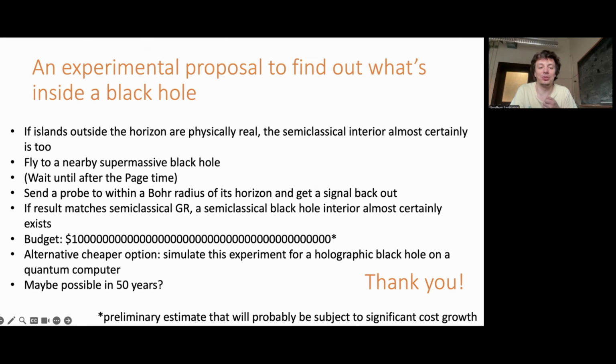So if you tried to do some experiment like this and you saw nothing came back out, then either your experiment broke, or probably there's just some end to semi-classical space-time, and maybe something like a fuzzball, some physical object sitting at the location of this island, or further out, of course. The black hole isn't a black hole, it's some highly quantum mechanical object.